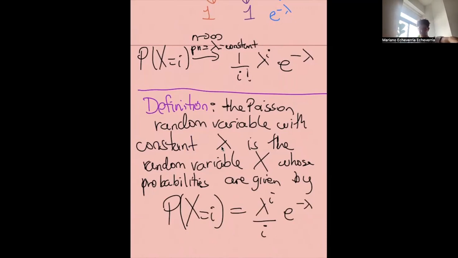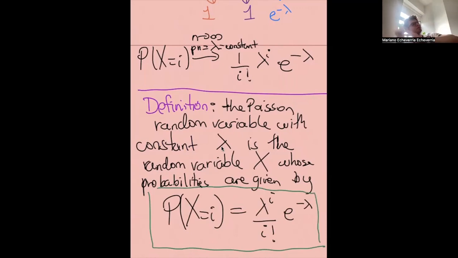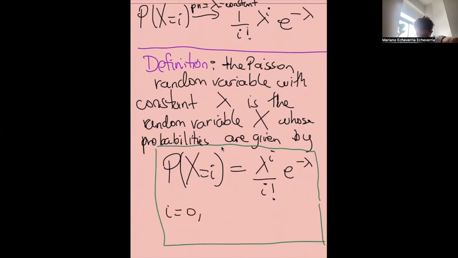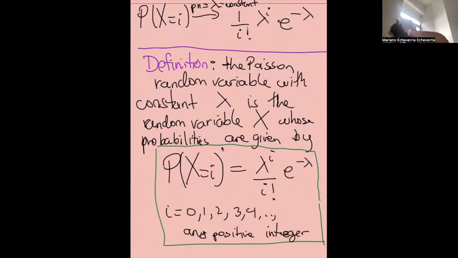Is that making sense? So it's a random variable that can take a value 0, 1, 2, 3, 4, etc. Well, infinity is not allowed, but you know what I mean. Any positive integer.